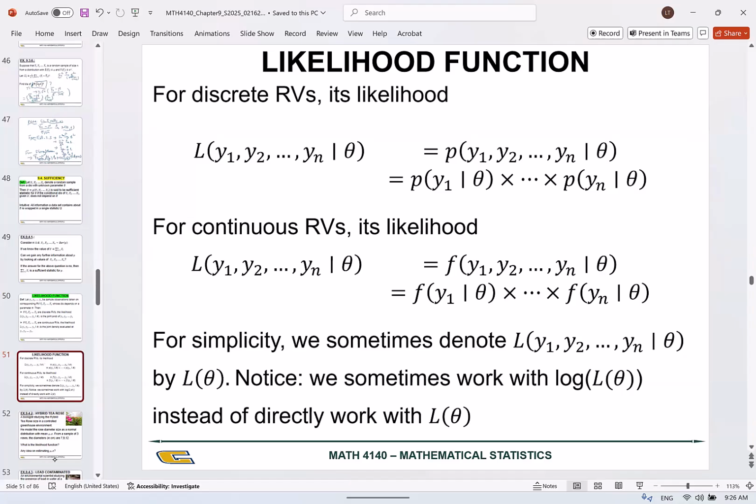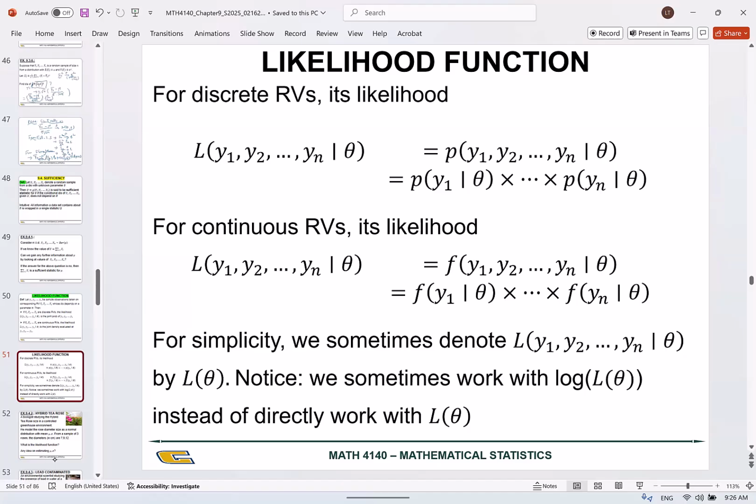And for the continuous case, we just write it as f, the density function: f(y1 given theta) times up to f(yn given theta). So after you model your random variable and collect your data, you can always write out the likelihood function, as long as the random variable exists.